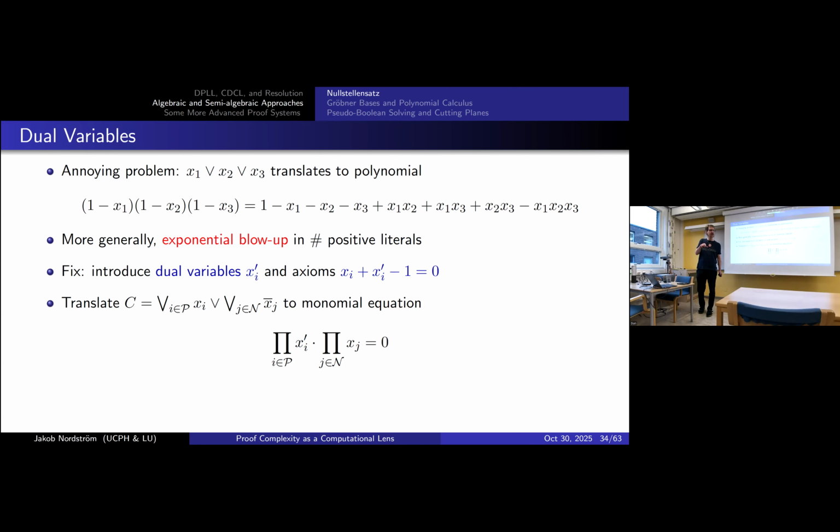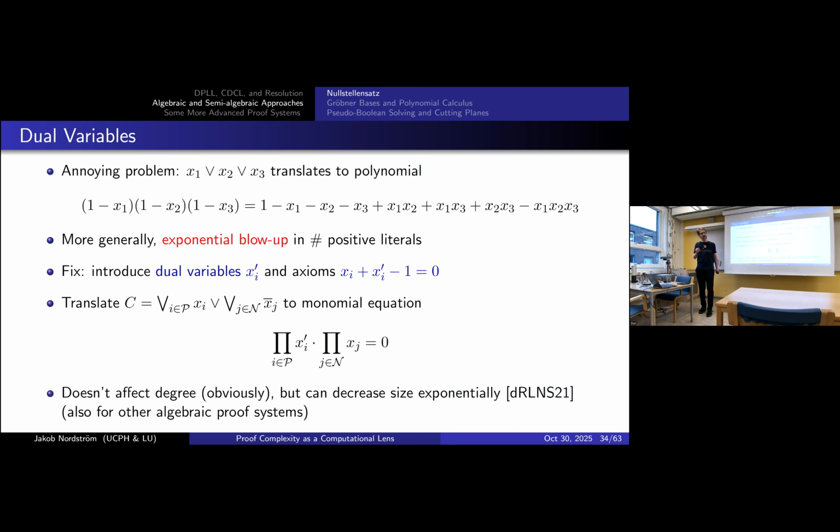So instead of 1 minus x, I just write x prime. For negative literals, I use the same translation as before. Clearly, this doesn't affect the degree at all, but in terms of size it gives you an exponential improvement. So with these dual variables, you can get exponentially smaller proofs.